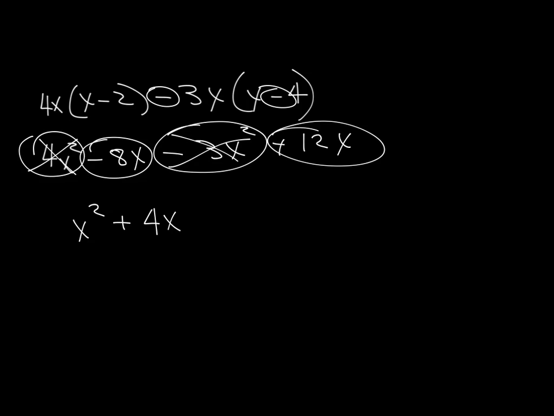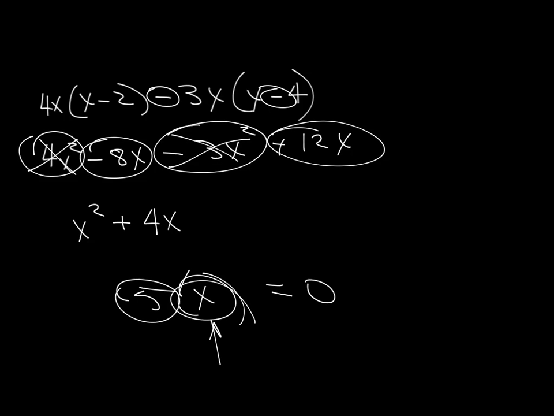Alright, so let's see, 71 through 74, just doing the FOIL method or distributive. 75 to 84. It says if the product of two expressions is 0, then one or both of the expressions must be 0. So if we have 5 and an x here, if we're going to make this equal to 0, then this x has to be 0 because any number times 0 is going to be 0.